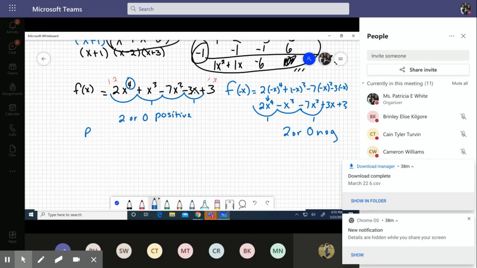Okay, remember it's got to be P over Q. The last constant is your P, and your first leading coefficient is your Q. So I have 1 over 1 and 3 over 1. I have 1 over 2 and 3 over 2. So that gives me a positive or negative 1.